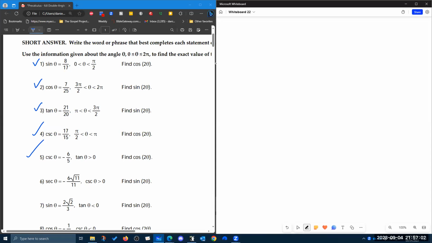Now we have secant of theta equal to negative 6 root 11 over 11, which is negative 6 over root 11. Cosecant greater than 0, so cosine is negative and sine is positive.